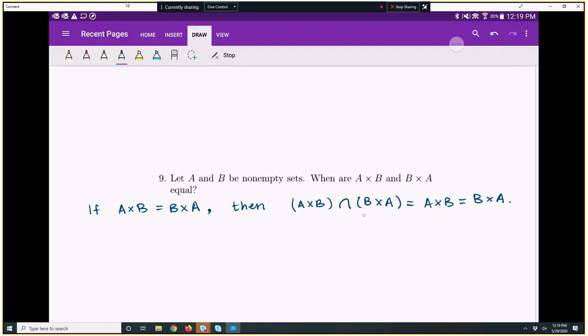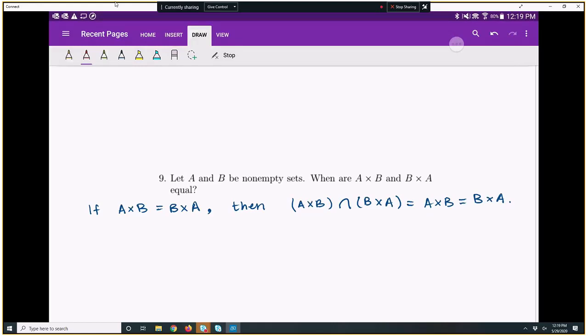The intersection of two sets that are equal, remember intersection is any element that belongs to both. If they have exactly the same elements, then the set of elements that belongs to both is going to be just the whole set. So we can call it A cross B or B cross A. They're equal, so it doesn't matter.